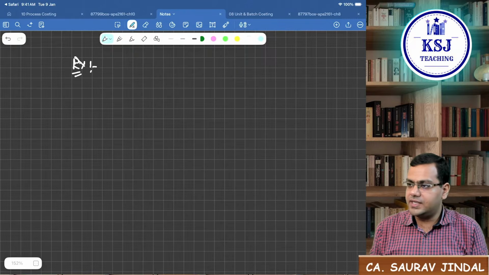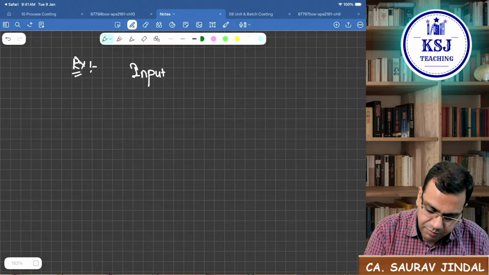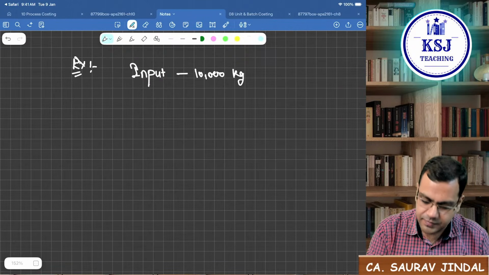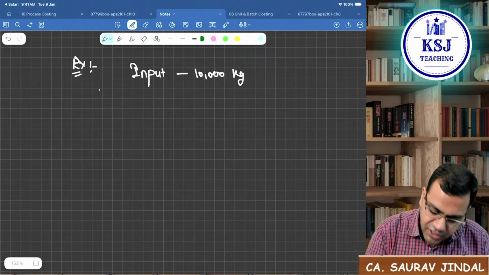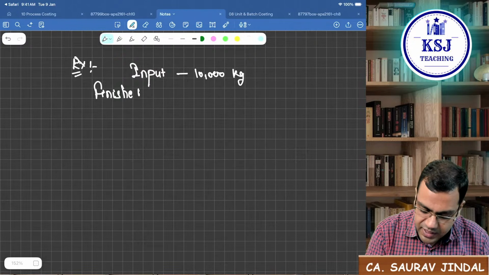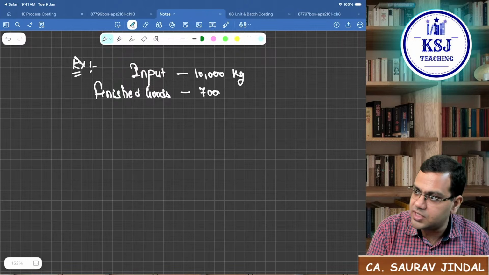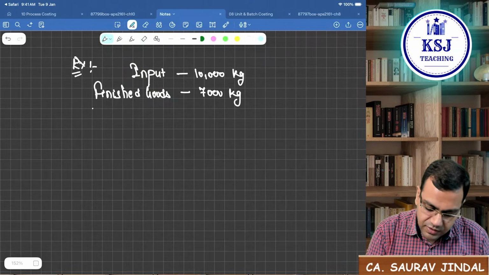Right, we will solve one example. Very simple. Input is 10,000 kg. Then finished goods, that is fully processed, we have finished goods of 7,000 kg.